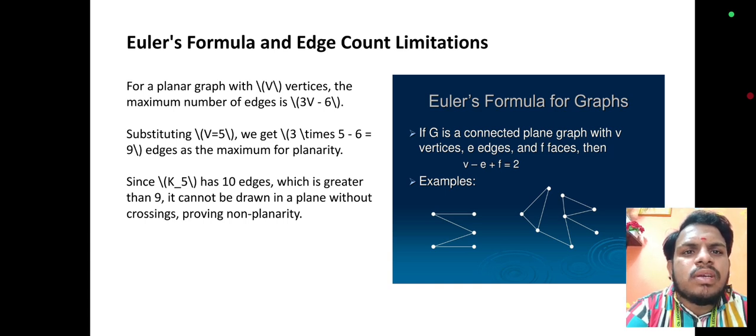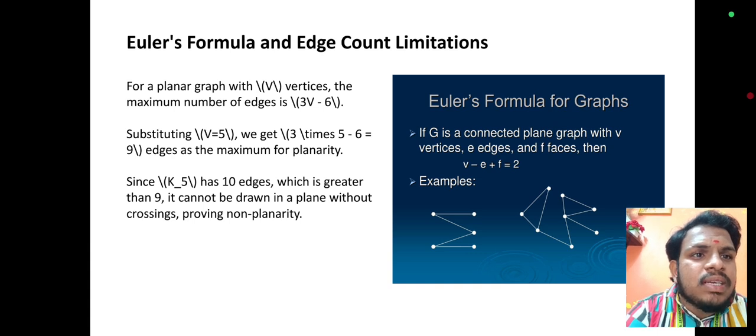Substituting V equals 5, we get 3 times 5 minus 6, which is 9 edges as the maximum for planarity. Since K5 has 10 edges, which is greater than 9, it cannot be drawn in a plane without any crossing, proving it non-planar. Euler's formula: for a connected planar graph with V vertices, E edges and F faces, V minus E plus F equals 2.